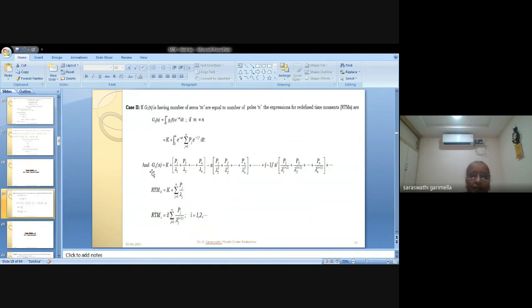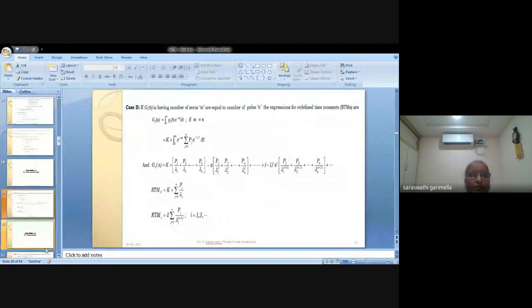So in case 2, I got k plus the sum where, instead of j equal to 0 to n, I got j equal to 1 to n, because I separated the constant k. That is the ratio of the numerator quotient and the denominator quotient constant values. So RTM0 is this, meaning first I got k from this, and RTMi is like this.